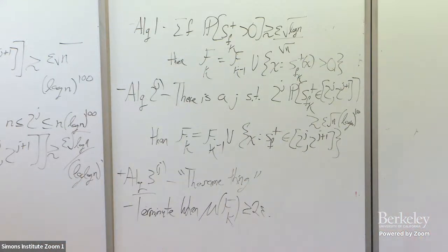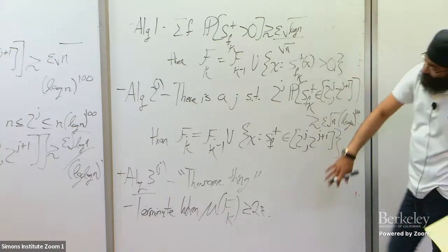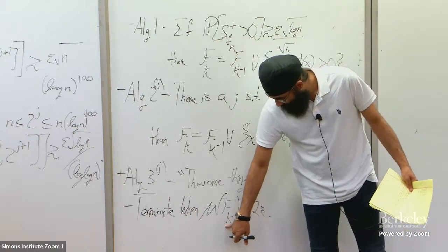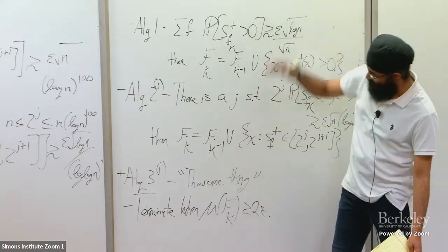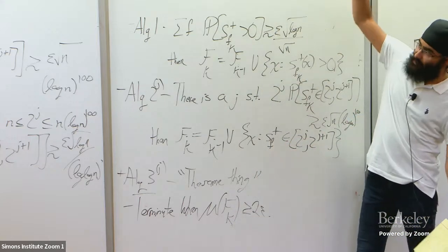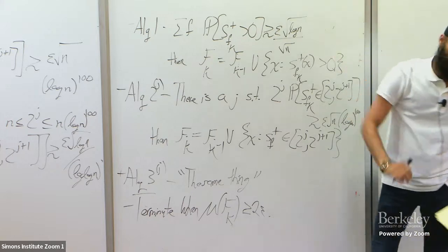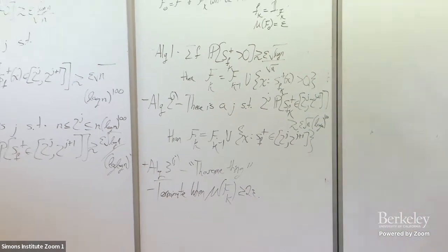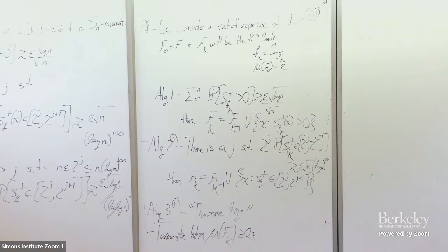So naively, I don't really have any sort of control on how long this algorithm runs, but the thing we're going to prove is the obvious thing. At the end, every graph in F_k, I'm using notation here, every graph here is in this distance tilde metric, square root n log n from some graph in the original. If you have that, you're done.